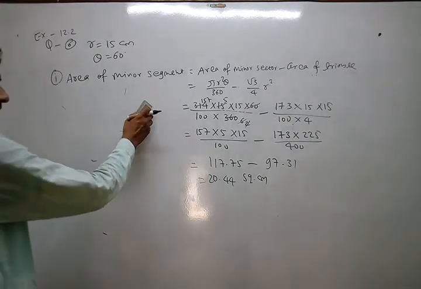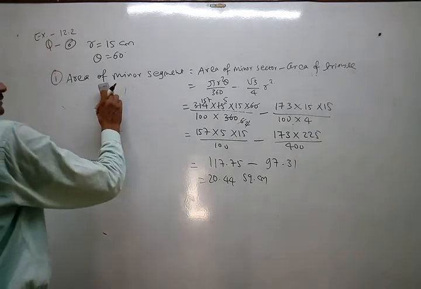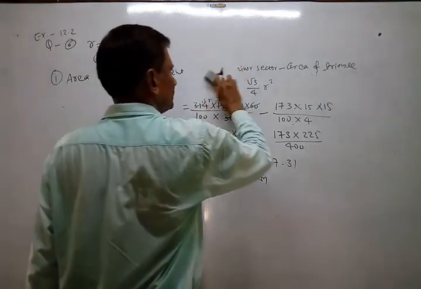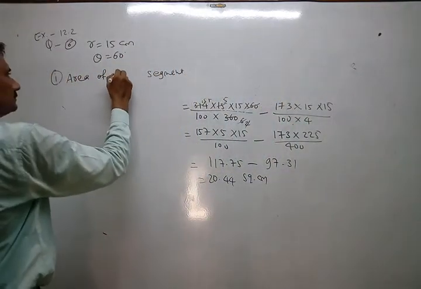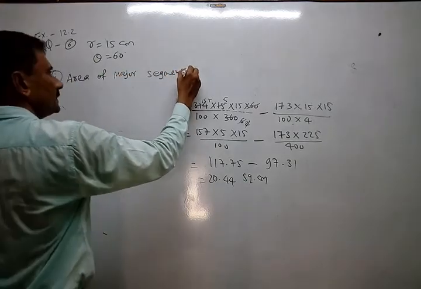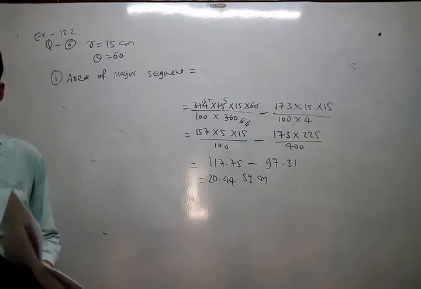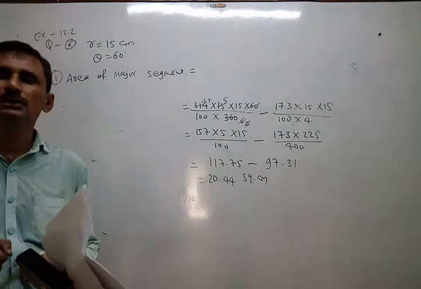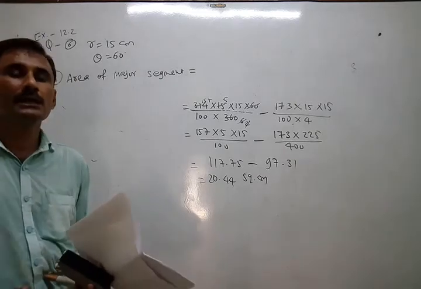Okay, so let's see. Area of circle minus area of segment. So area of major segment is equal to, here no direct formula. Area of major segment can be found by finding area of minor segment only.